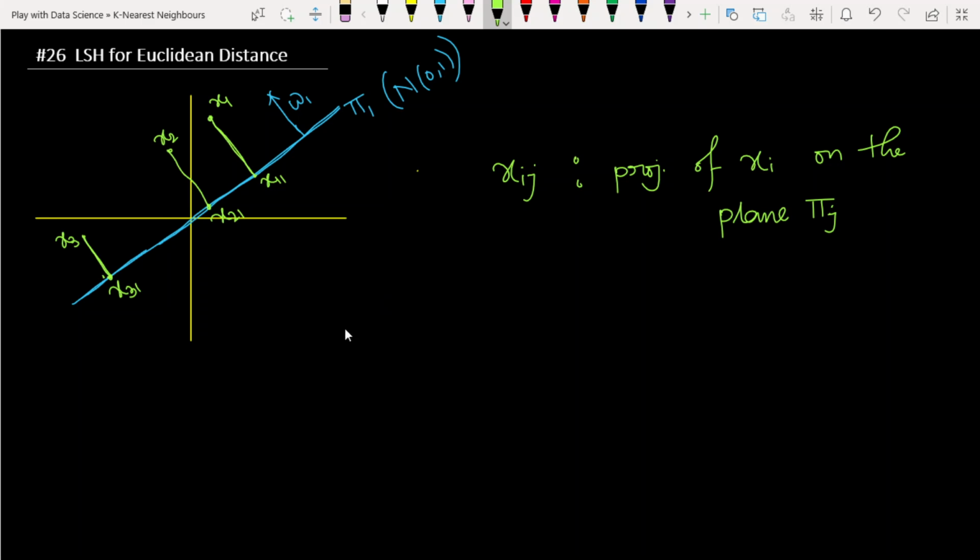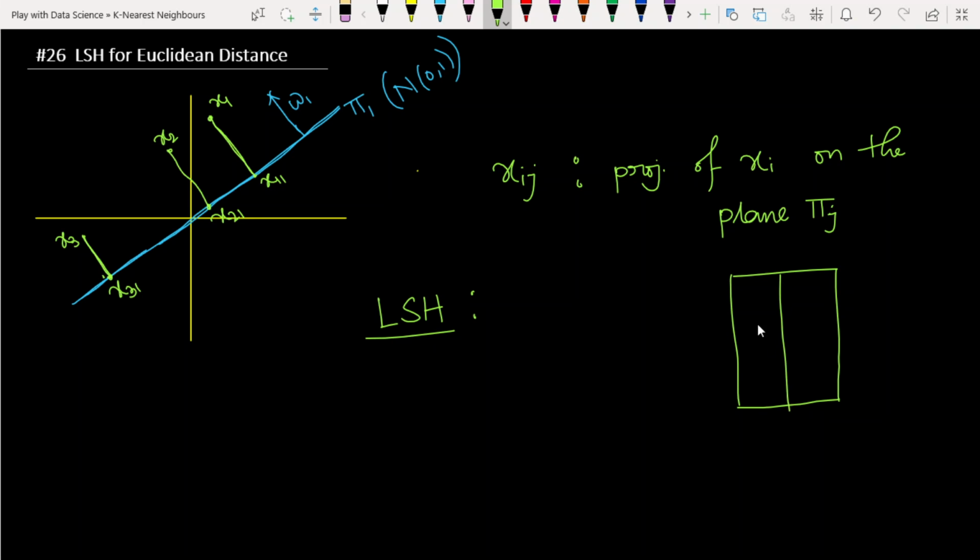And locality sensitive hashing is simple. It is based on similarity: similar or closer points should go to the same bucket. We have already seen this thing.